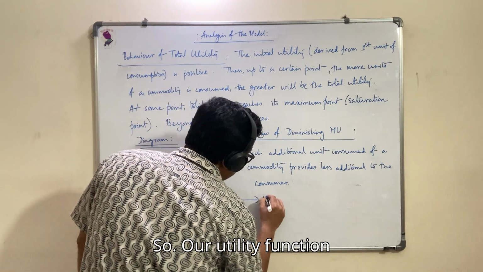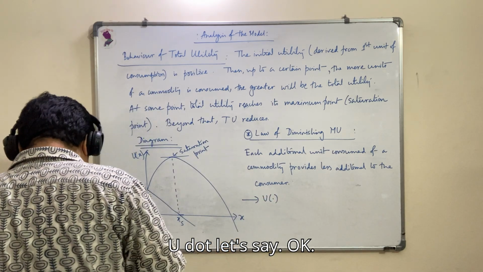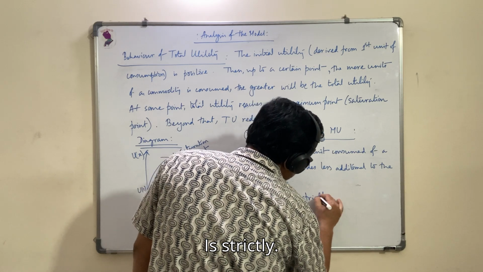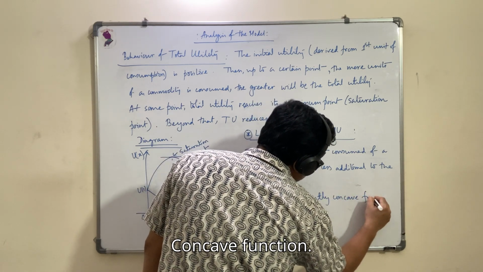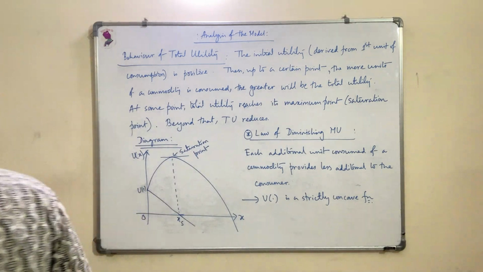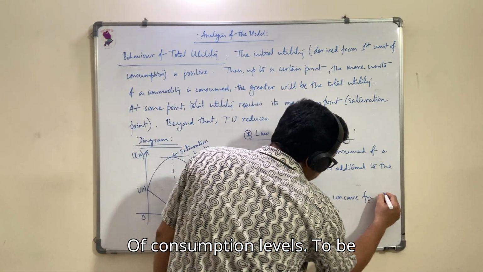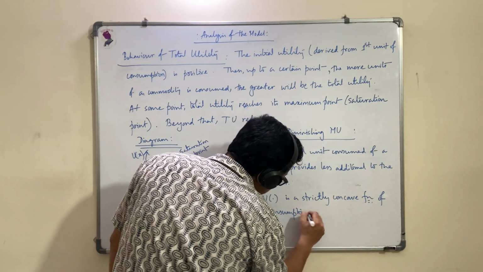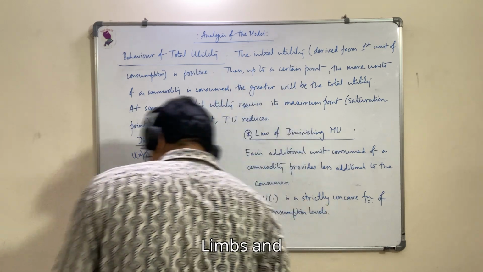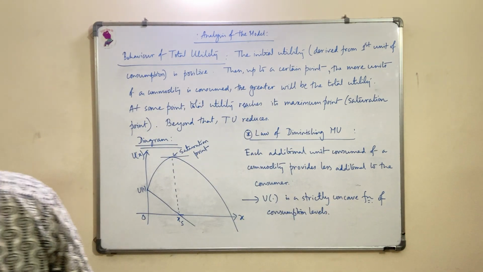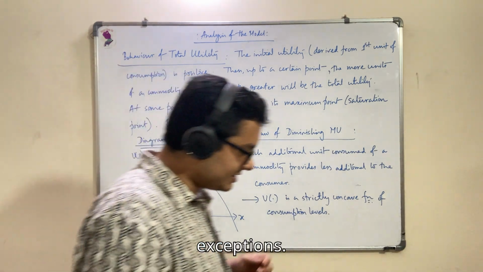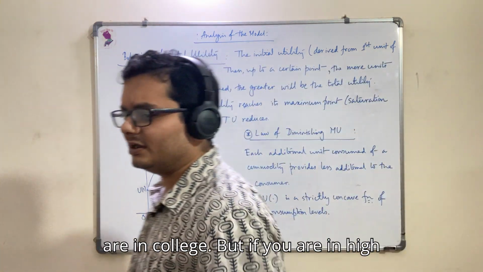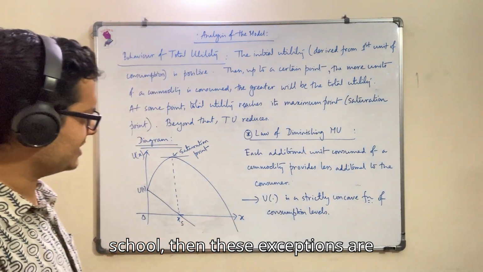So our utility function, u dot, let's say, is a strictly concave function of consumption levels. To be mathematically correct, we should mention that, right? Of consumption levels. Okay. And theoretically also, there are two exceptions which are not important actually if you are in college, but if you are in high school, then these exceptions are important.